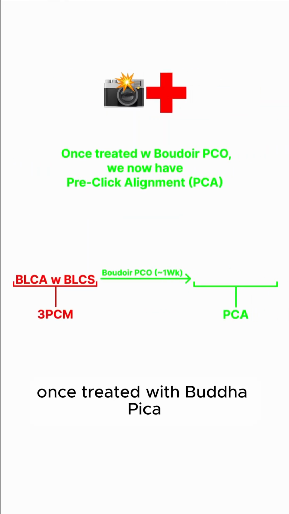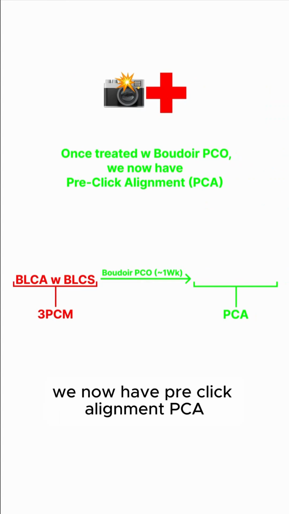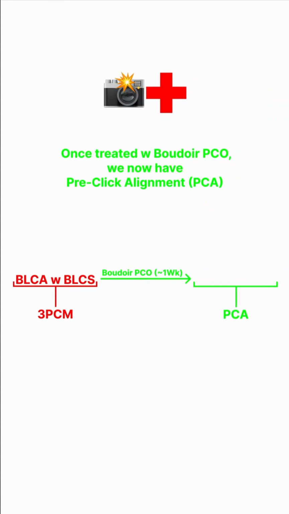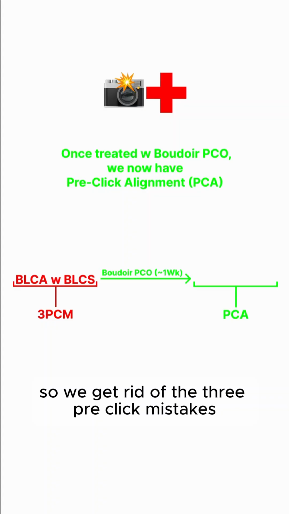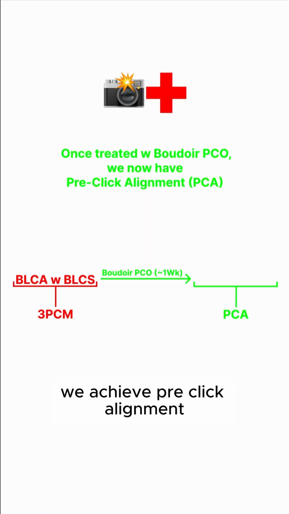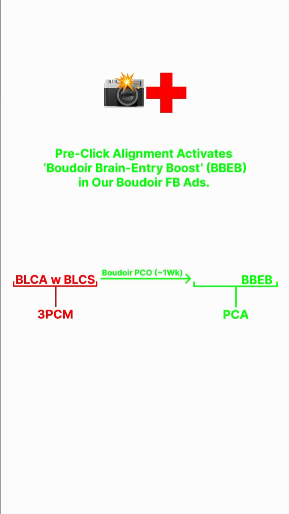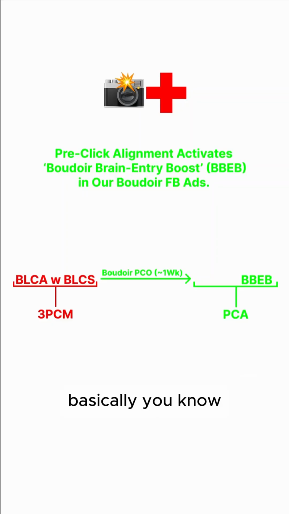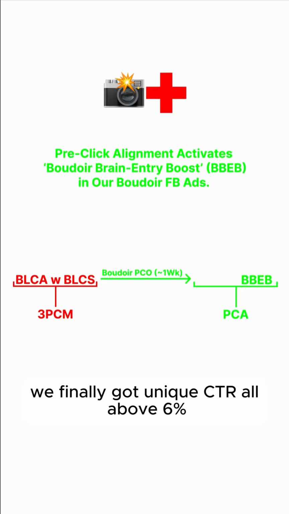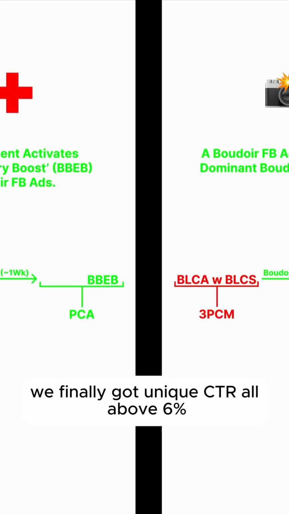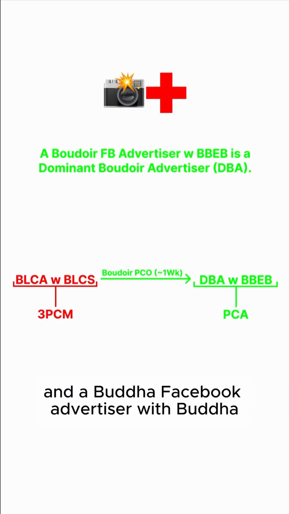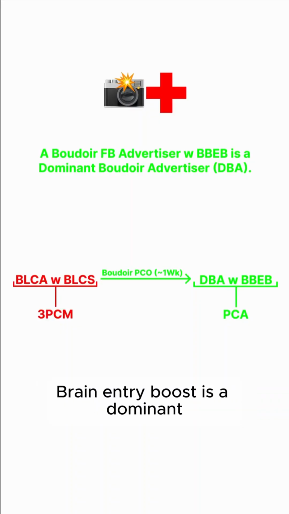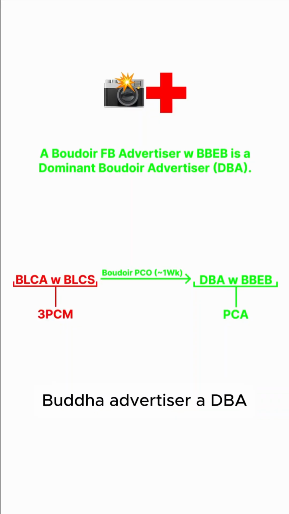Once treated with Boudoir PICO, we now have pre-click alignment, PCA. So we get rid of the 3 pre-click mistakes, we achieve pre-click alignment. That's what we're looking for. And pre-click alignment activates Boudoir brain entry boost in our Boudoir Facebook ads. Basically, we finally get unique CTR above 6%. And a Boudoir Facebook advertiser with Boudoir brain entry boost is a dominant Boudoir advertiser, a DBA.